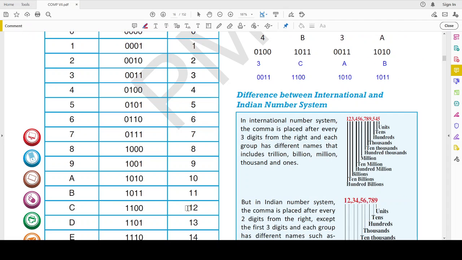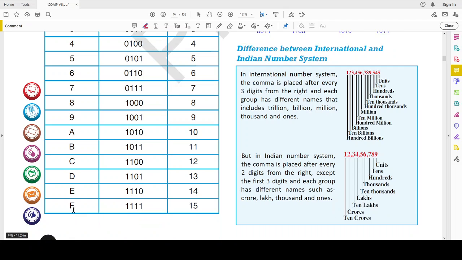I have already told you that for the maximum value you have to consider the number of bits, the number of bits you need to represent the maximum value. For an octal number, you have seen 7 is the maximum value of the octal number system, and you can represent 7 with 3 bits. But for 8, 9 and onwards up to F, you need 4 bits.